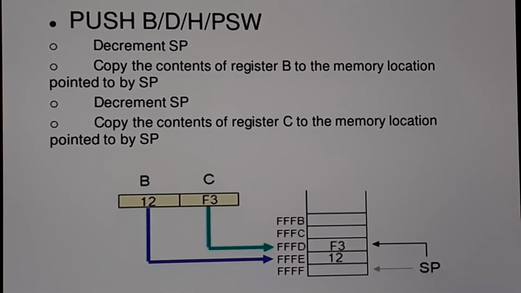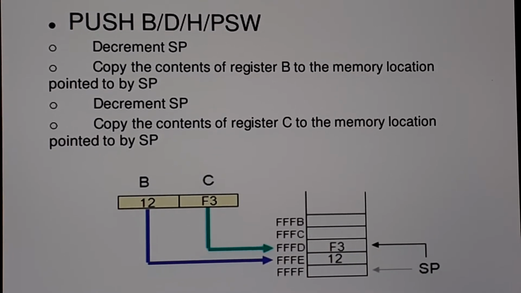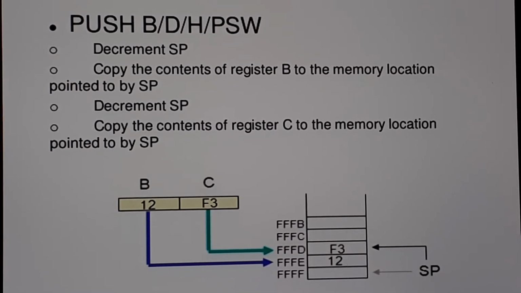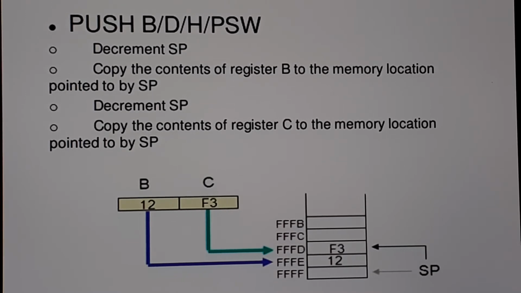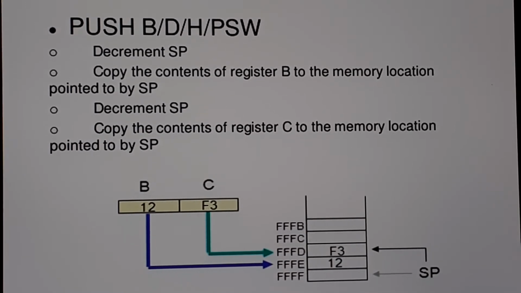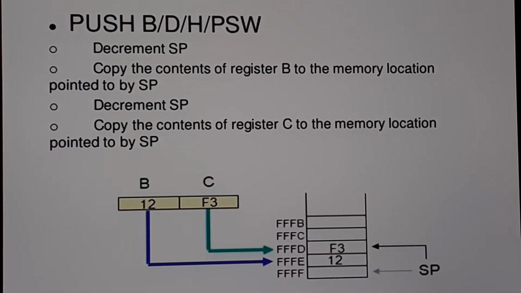So see here in the diagram below, the content which I have assumed for B is 12 and C is F3. Initially the stack pointer I have considered from the stack, which is nothing but a stack that I have assumed. So 4 times F, that is FFFF, is the stack pointer content which I have assumed.